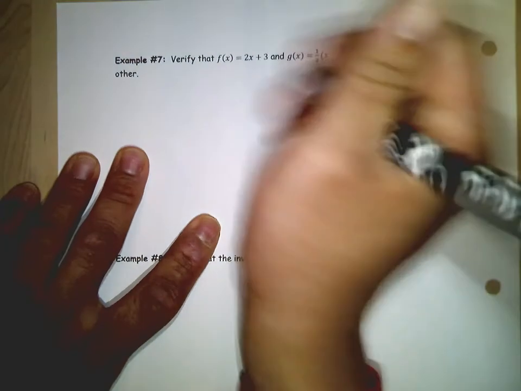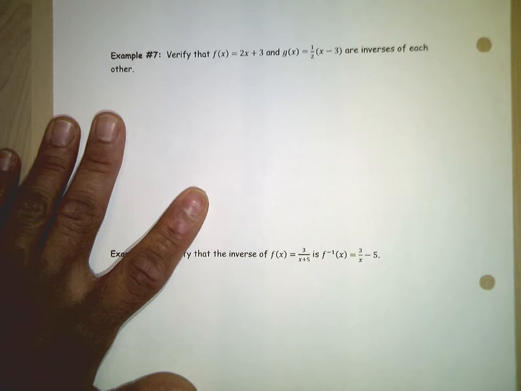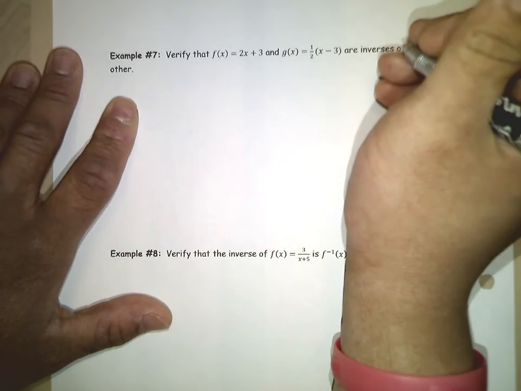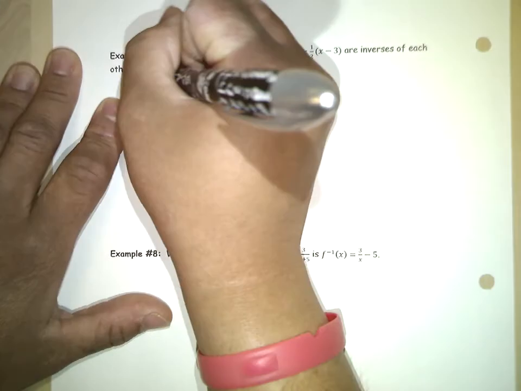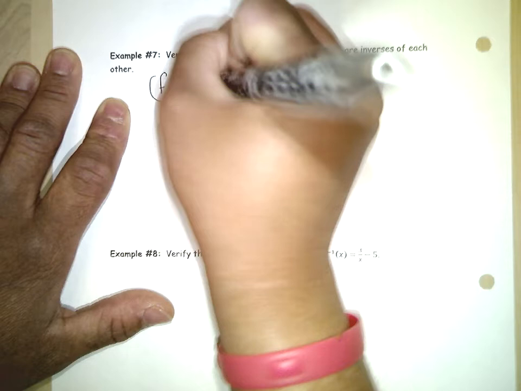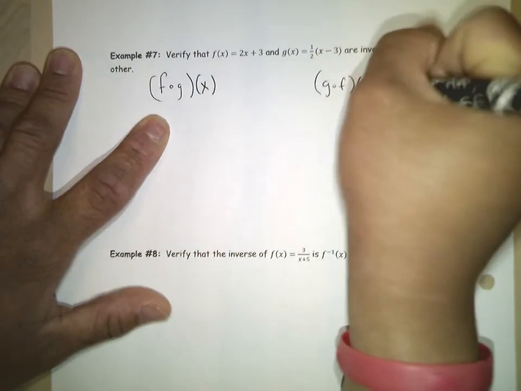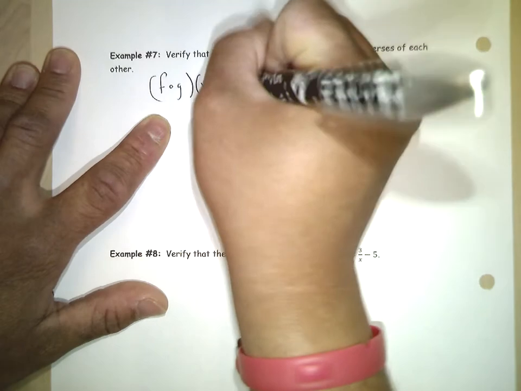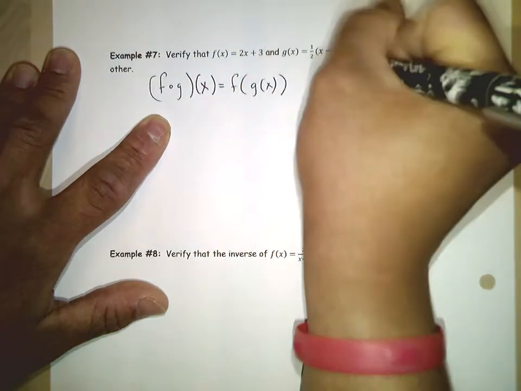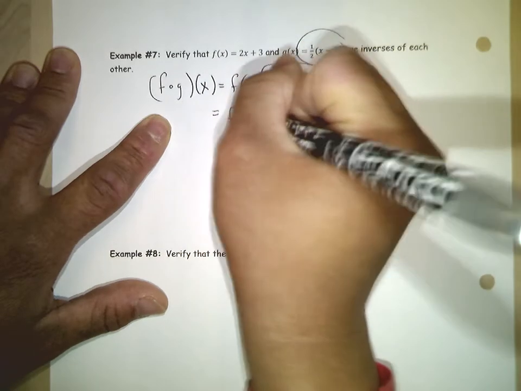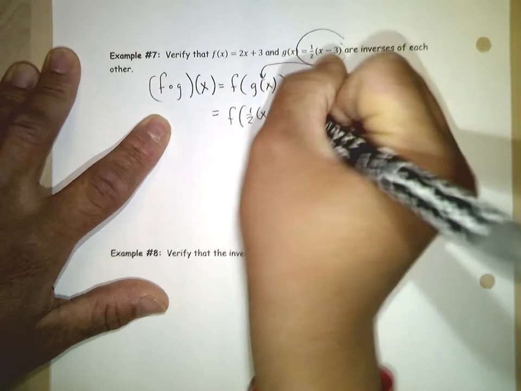So let's verify that f of x is 2x plus 3 and g of x is 1/2 x minus 3 are inverses of each other. So again, we need to verify that f of g of x equals x, and g of f of x also equals x. So f of g of x, if I substitute g of x into f of x, I have f of 1/2 x minus 3.